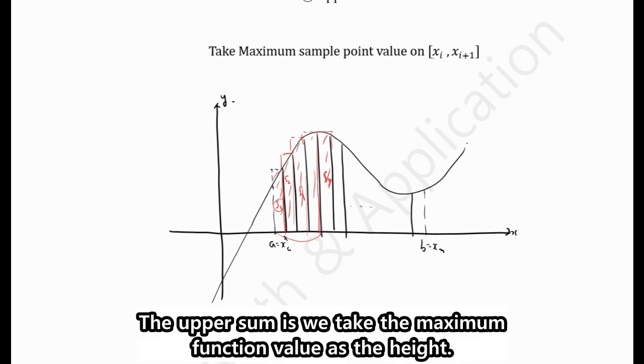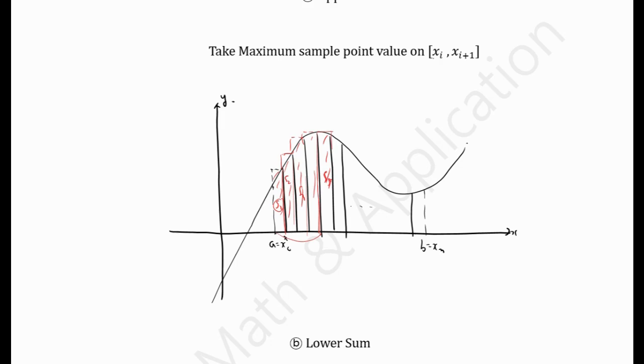So the upper sum is where we take the maximum function value as the height.